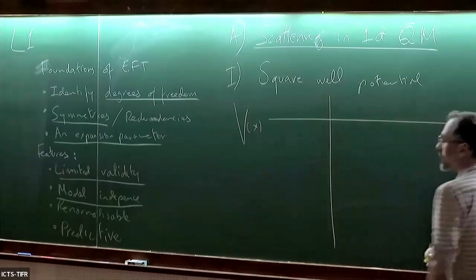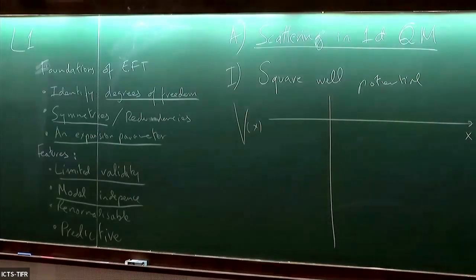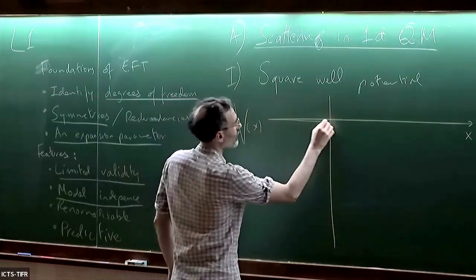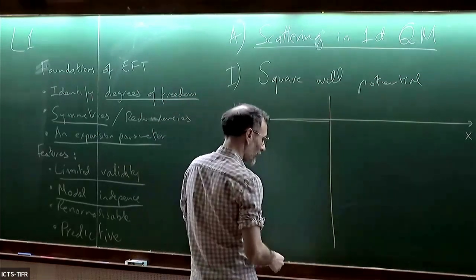That's the x-axis, the only spatial dimension we have. The potential is going to be 0 for all x toward minus infinity.